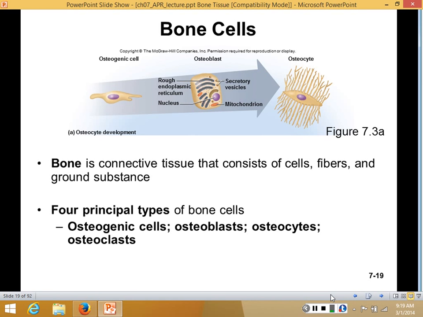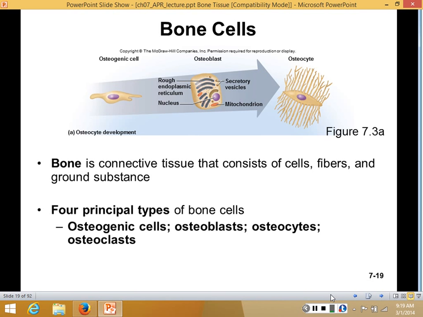Right below that, if you look, osteogenic cells, your osteoblasts, and your osteocytes are all from the same lineage, okay? However, your osteoclasts, which are a bunch of stem cells that fuse together forming one dominant cell, are from the same line as our white blood cells, okay?